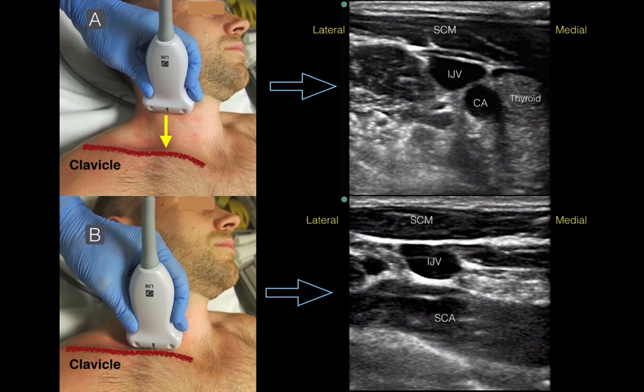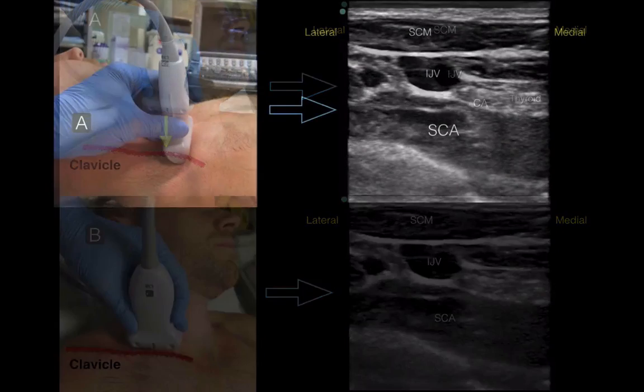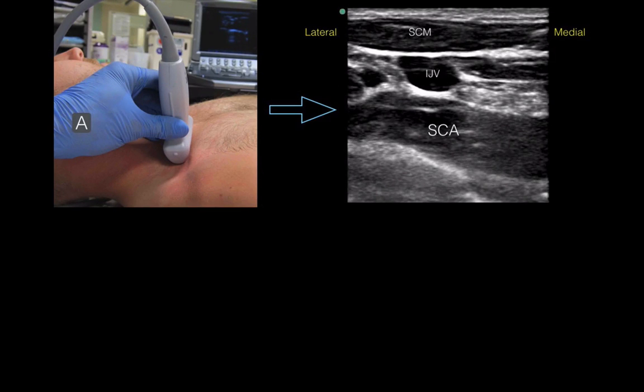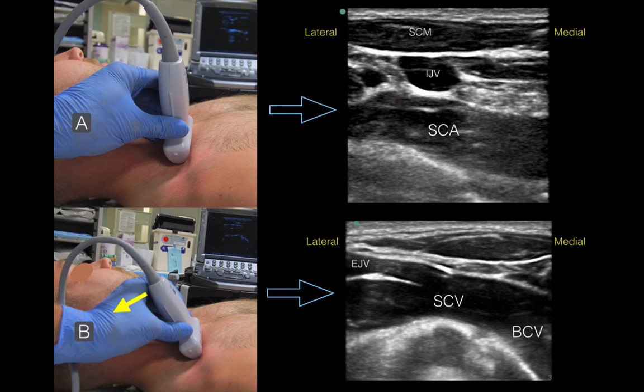When you do that, you'll commonly just see your subclavian artery, not your vein yet. When you're in that position, in that classic visualized subclavian artery, then you drop your probe and you'll see your subclavian vein. The beauty of this is it's very shallow and it's really easy to cannulate that vein.